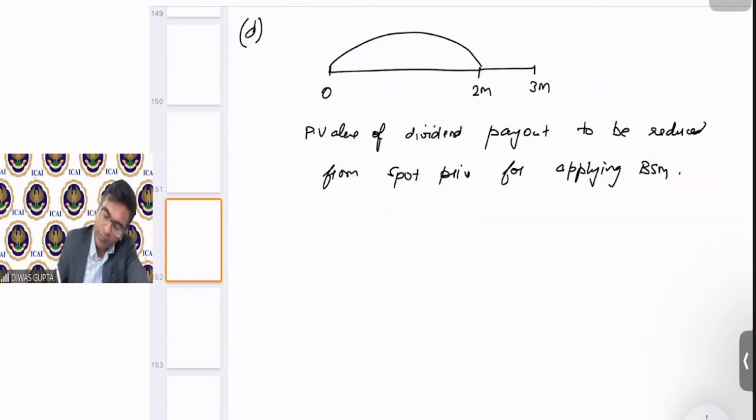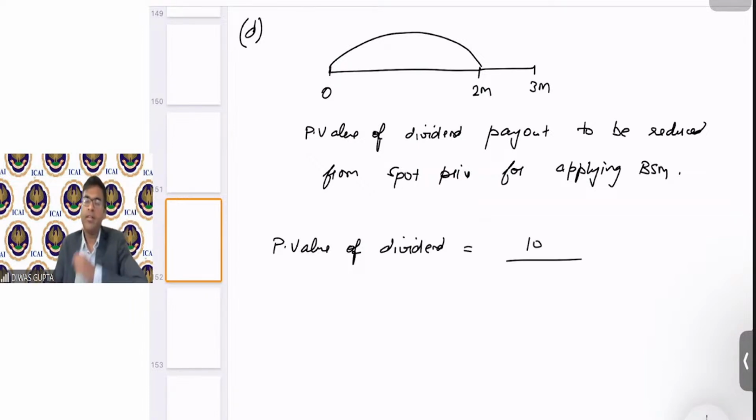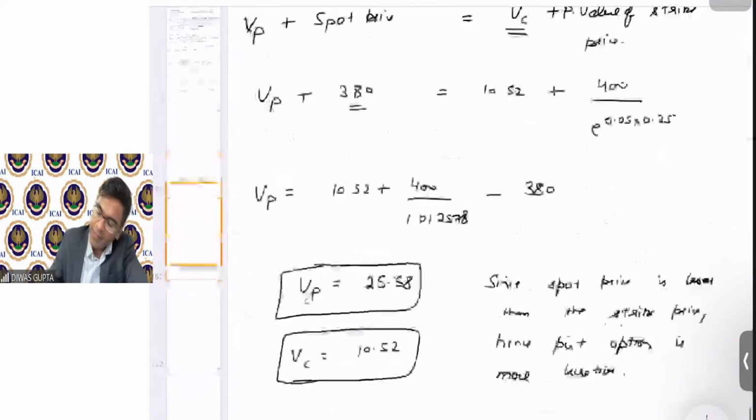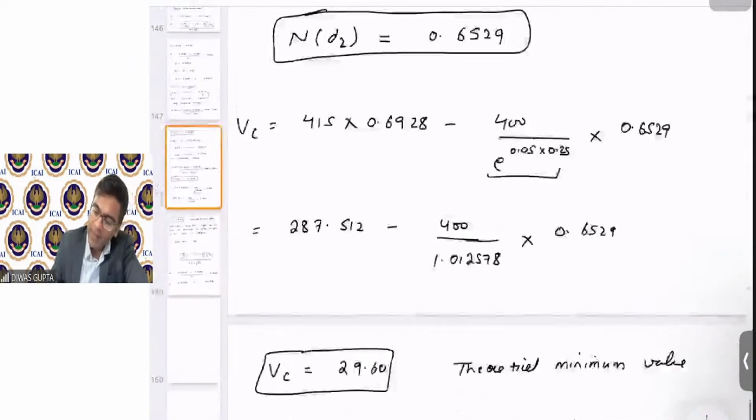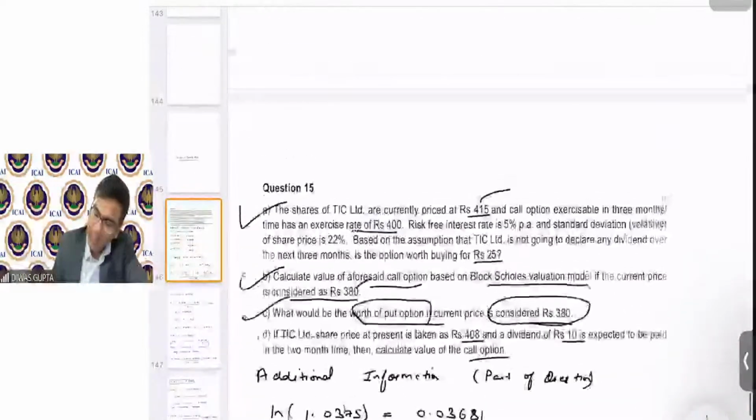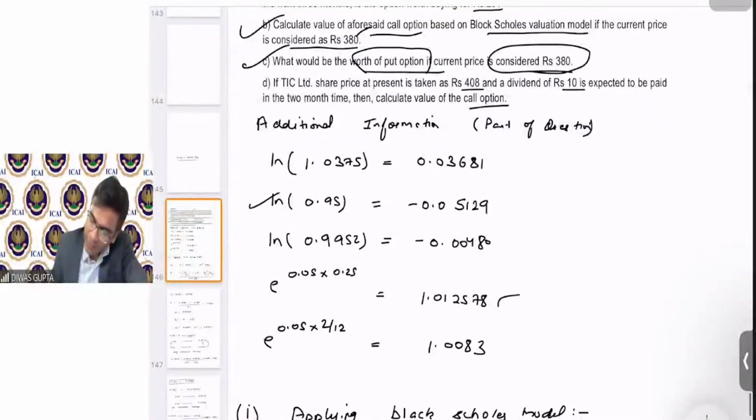Okay. So let's first of all calculate the present value of dividend. 10 rupees is the dividend, correct? And it will be paid in 2 months. So e raised to the power 0.05 into 2 divided by 12. So 10 divided by e raised to the power 0.05 into 2 divided by 12, that part is given in the additional information, which is 1.0083.